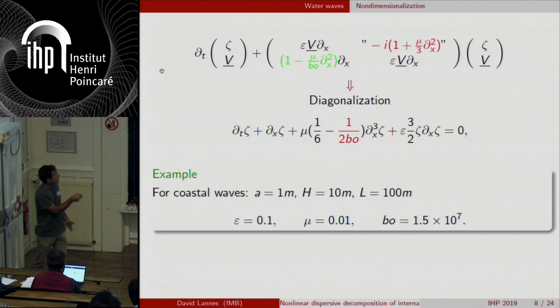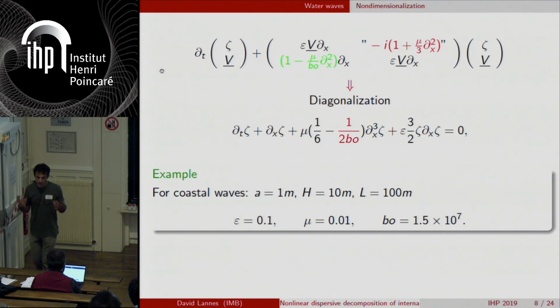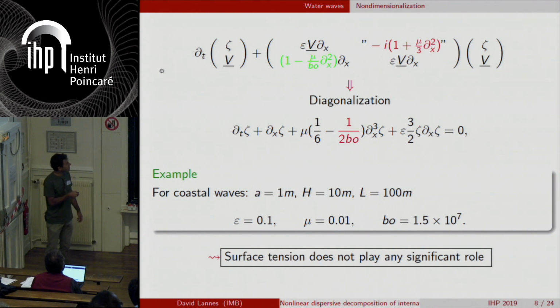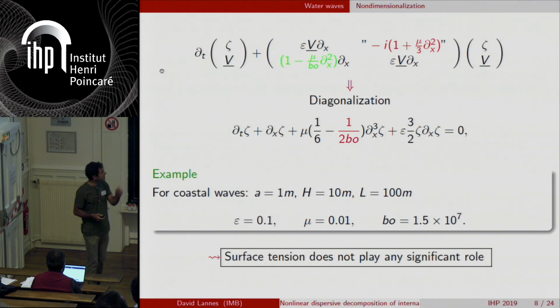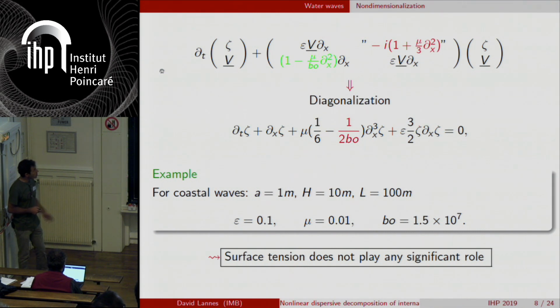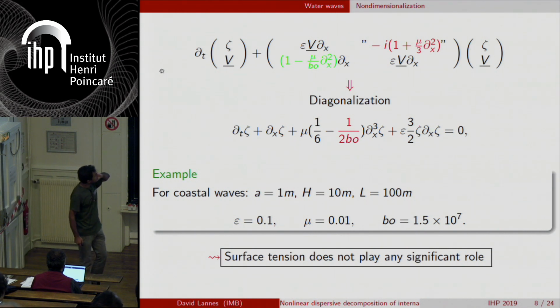So this parameter is really much smaller than everything else in the equation, and so capillary effects are completely irrelevant to describe the propagation of waves at this scale. Of course, they would be relevant at much smaller scales, but at this scale, they do not play any significant role.